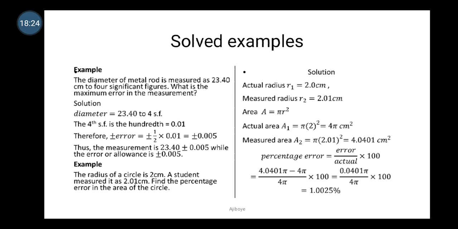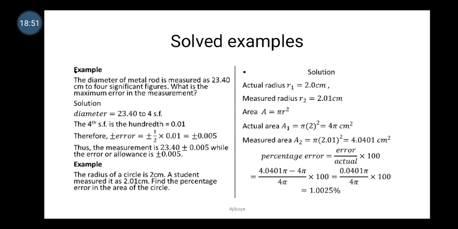All right, so the percentage error will now be equal to (4.0401 pi minus 4 pi) over 4 pi. Okay, and if you simplify, that will give us 1.0025%.